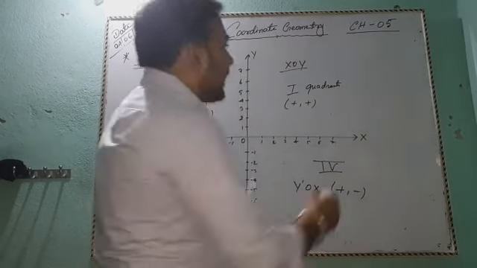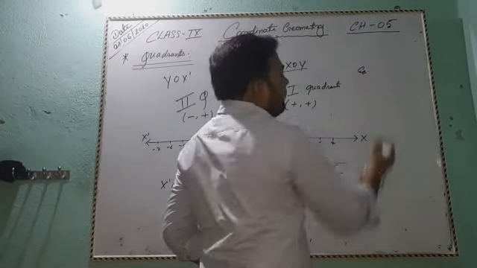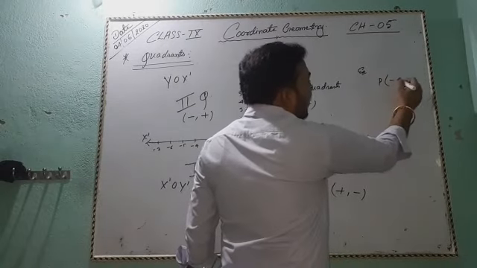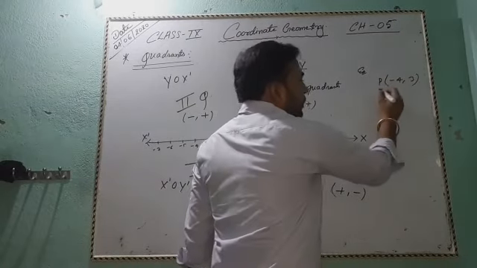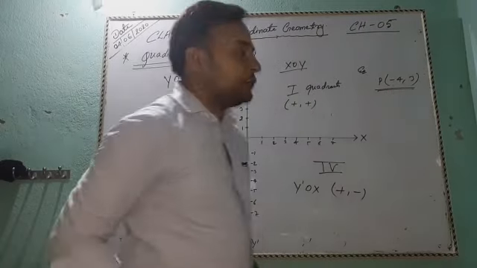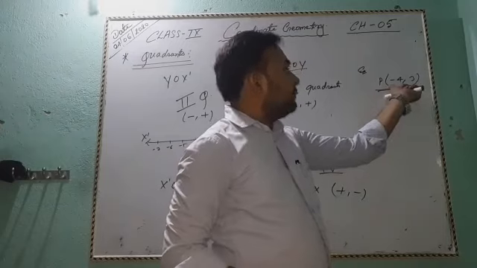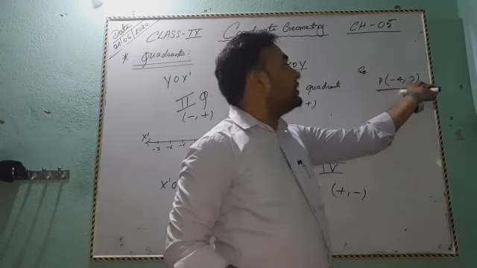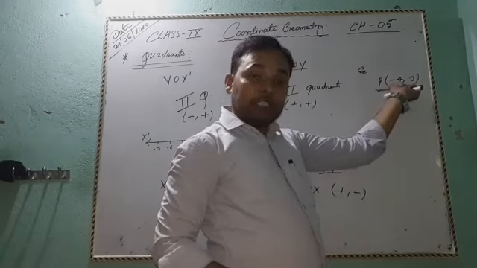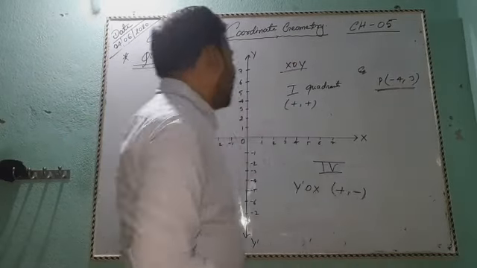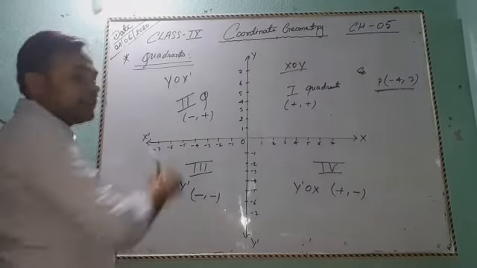So, just like examples, a point P (minus 4, 3) is present in which quadrant? Minus and plus. The abscissa is negative and the ordinate is positive. The x coordinate is negative and the y coordinate is positive. So negative, positive is present in the second quadrant.